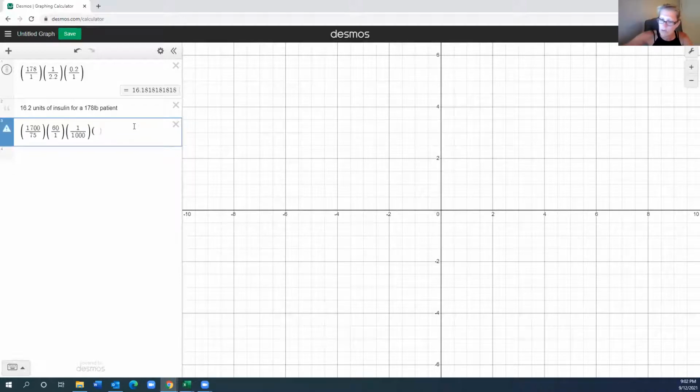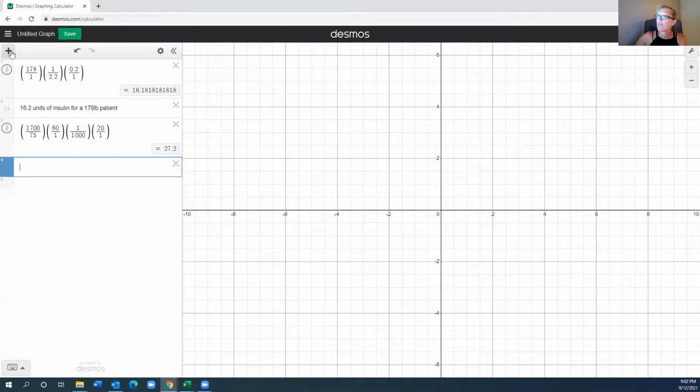And then 20 cubic centimeters, oops, divided by 1 gram. And we come up with 27.2. And that, as a note, is 27.2 cc's per 1 hour.